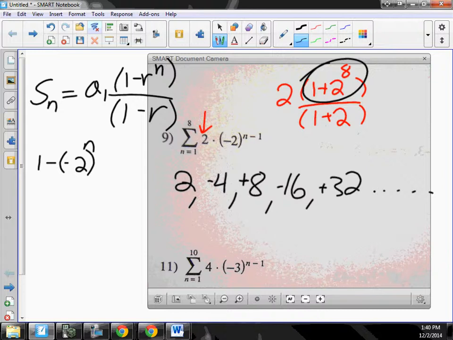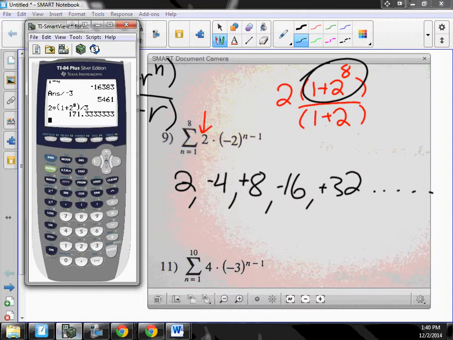No. Because order of operations says, before I can move outside the parentheses, I need to raise it to the n power. So what happened was, my number was slightly bigger than it was supposed to be. So it should be 2 times 1 minus, here's the trick, you have to put parenthesis -2 raised to the n. What was it, 8?